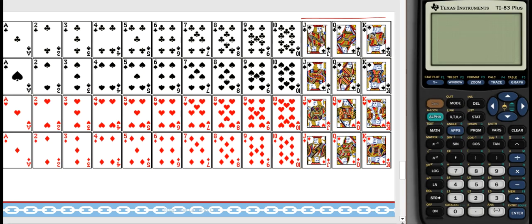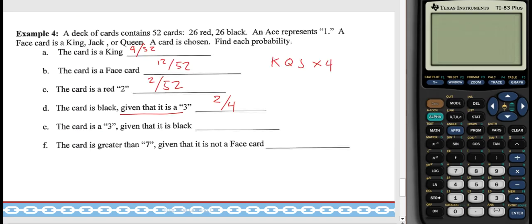So you could always look back, right? The card is a 3 given that it is black. So you would be then basically eliminating the bottom half of the deck here, right? Those would be eliminated. These would be the 3s. So 2 out of the 26 then would be the probability for E, 2 out of 26.